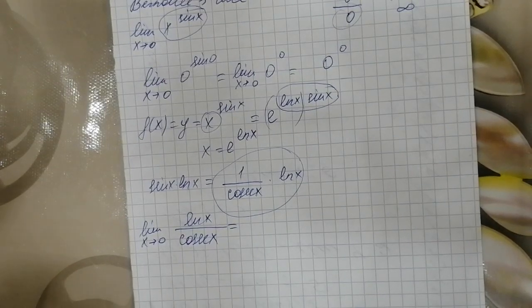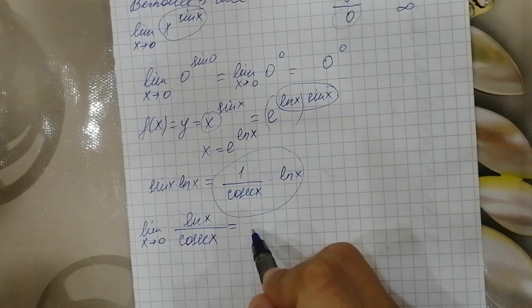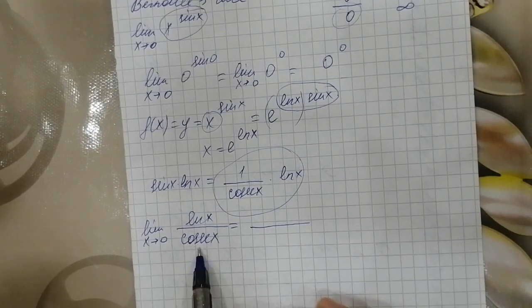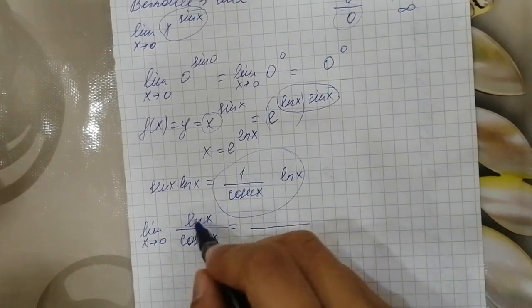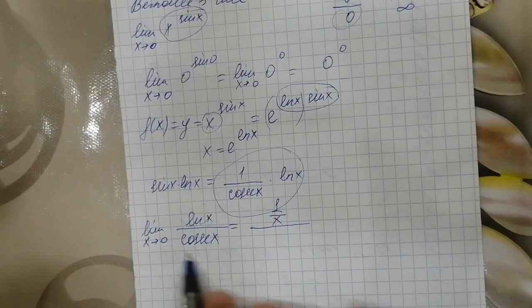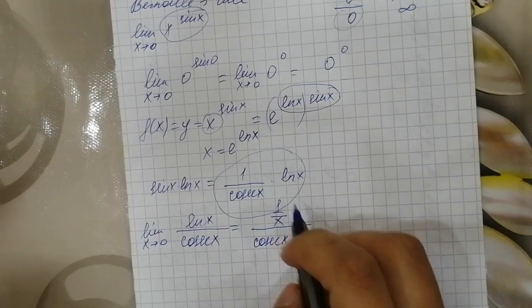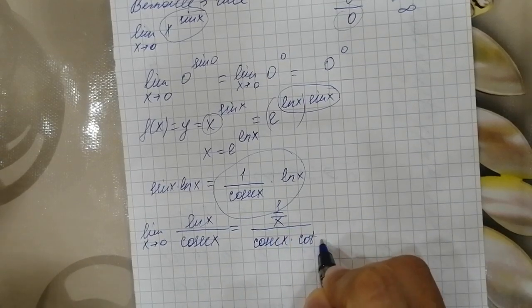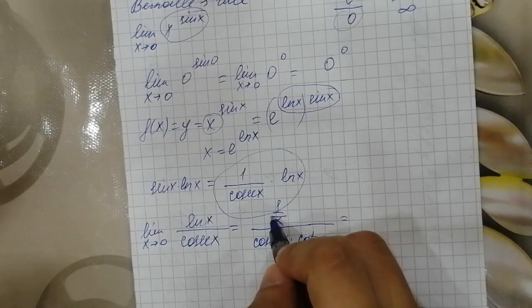now I'm going to differentiate both numerator and denominator of the function. The derivative of ln x will be 1 over x, and the derivative of cosecant x is equal to minus cosecant x times cotangent x.